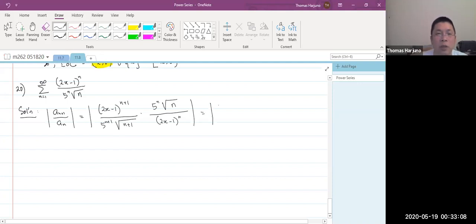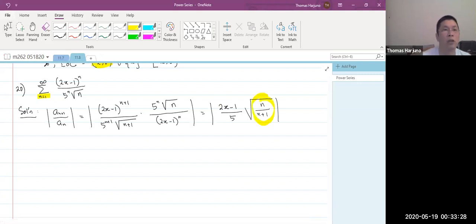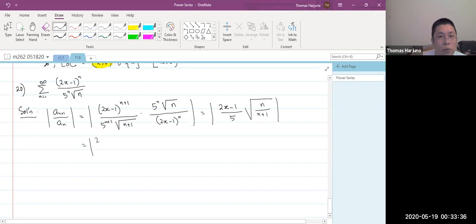Simplify, that gives me (2x minus 1) over 5 and square root of n over n plus 1. Right? When n is 1 and on, this will be positive, so I don't need an absolute sign for that. So this is equal to the absolute value of (2x minus 1) over 5 times square root of n over n plus 1.